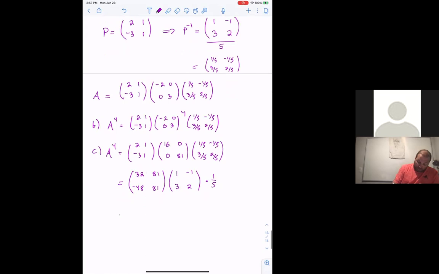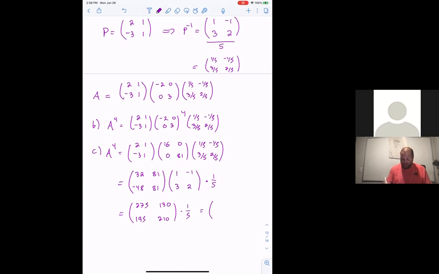So that way I can avoid needing fractions. I should have done that earlier, but I didn't. So what do I have? I have 32 plus 81 times 3. That's 275. Negative 32 plus 81 times 2 is 130. Negative 48 plus 81 times 3 is 195. And then 48 plus 81 times 2 is 210, all times 1/5.